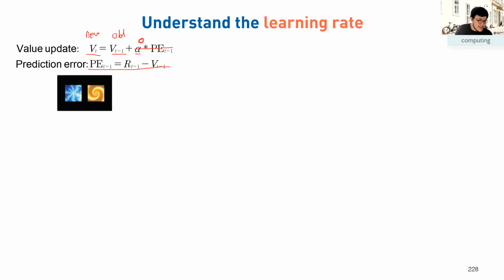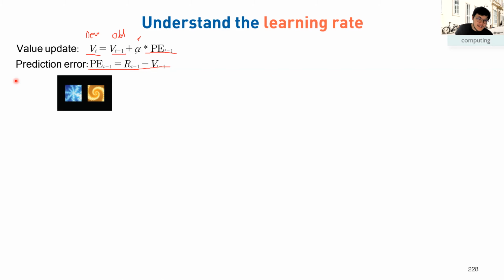That's the extreme case. In the other extreme case, if the learning rate is 1, that means 100% of the reward prediction error will enter the value update.